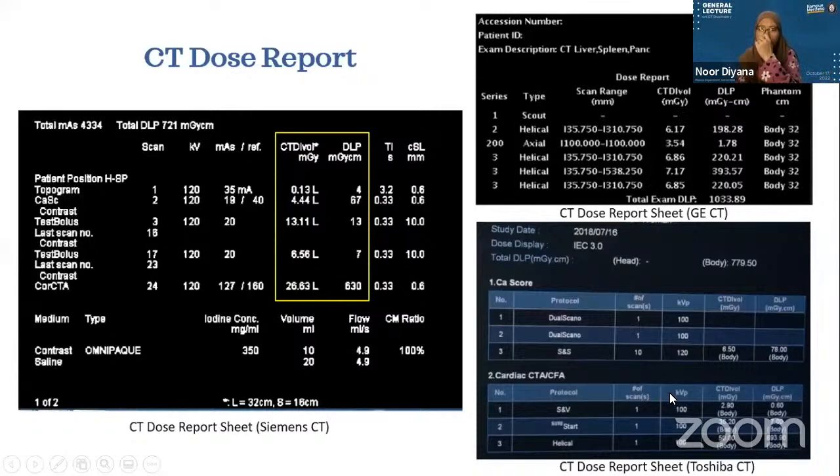And for Toshiba, it gives you dose, kVp, and also the protocol that has been used.